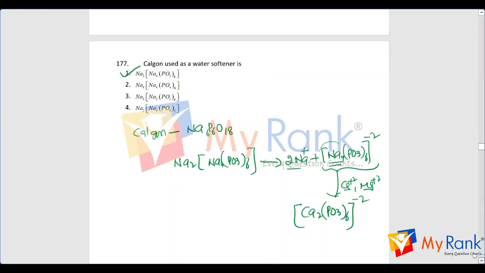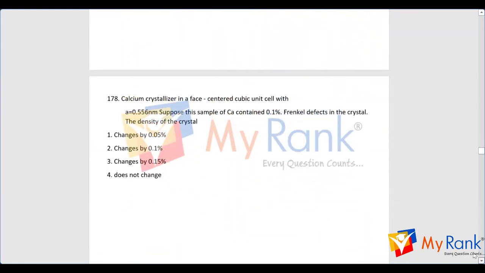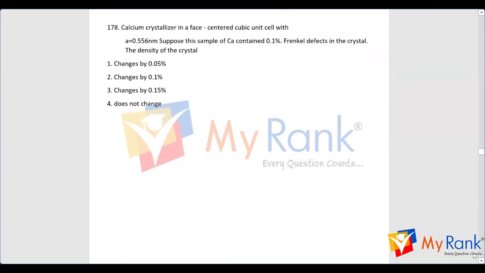And the next one is question number 178. Calcium crystallizes in an FCC cubic lattice. The calcium has an FCC crystal lattice with unit cell edge length a equal to 0.556 nanometer.